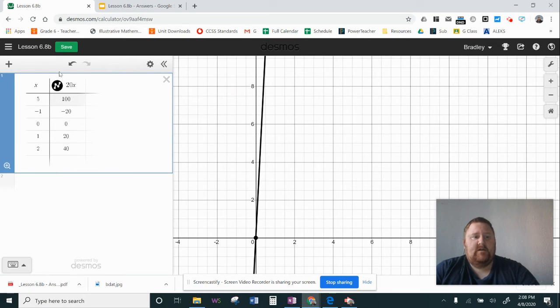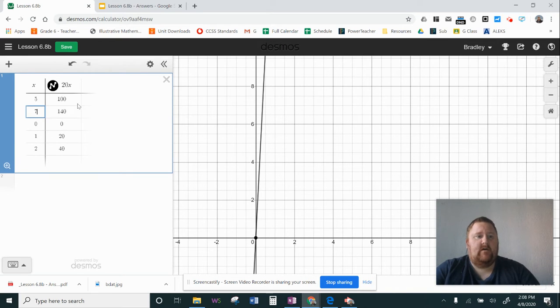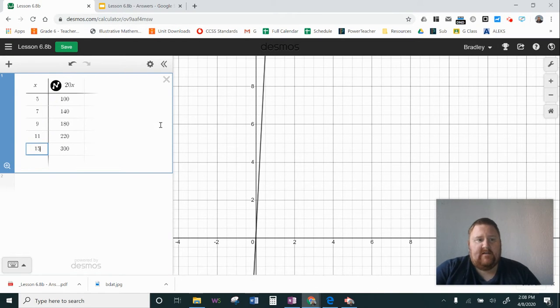Let's say 5 hours, and then I'll choose 7 hours, 9 hours, 11 hours, and just 15. Okay, that's boat number 1, and he's black right now.